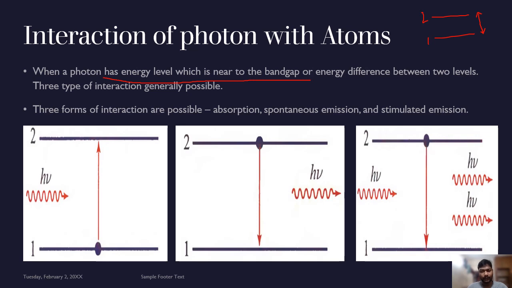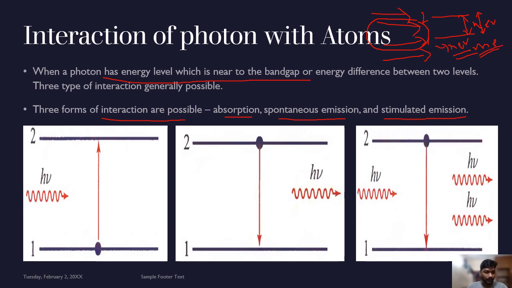Let us take a metal with a band gap of some x electron volt, with a number of photons incident on it, and we are interested only in photons with energy very close to this x electron volt. In that case, three forms of interaction are possible: absorption, spontaneous emission, and stimulated emission.